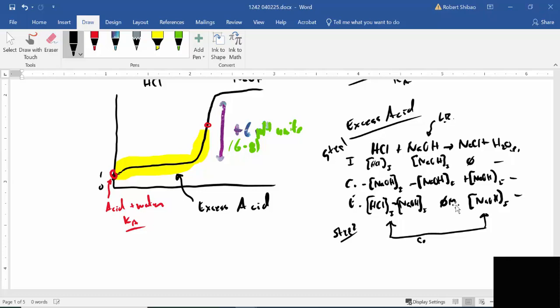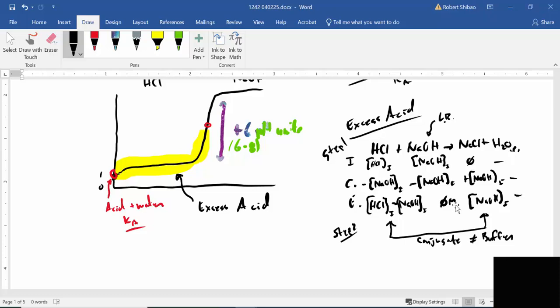So this is a conjugate pair, but it's not a buffer, because in order to be a buffer, we need the conjugate pair to be both weak.